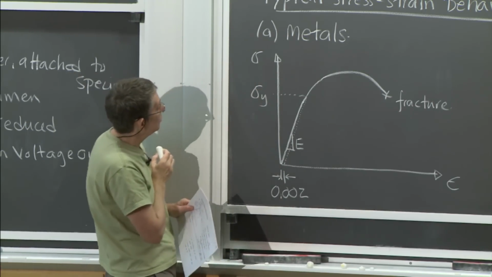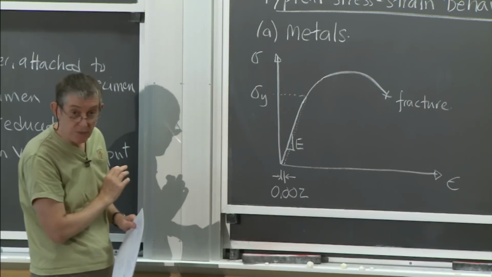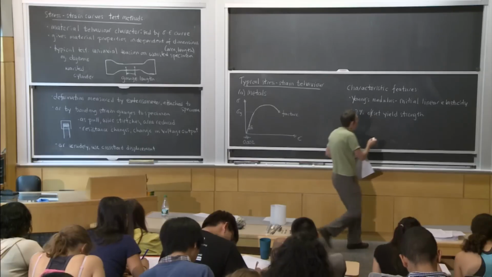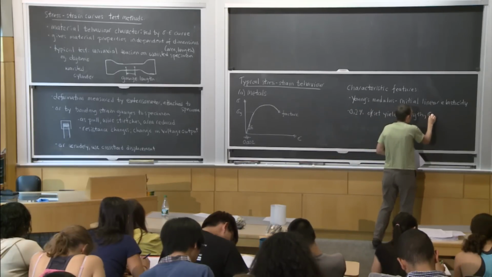And the stress that corresponds to that is called our 0.2% offset yield strength. And I'm just going to write sigma y because I'm realizing I haven't left myself enough room to write 0.2% offset yield strength. So I'll just call that sigma y over here. Okay?